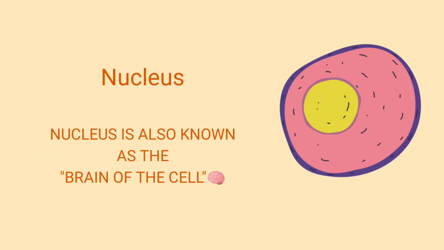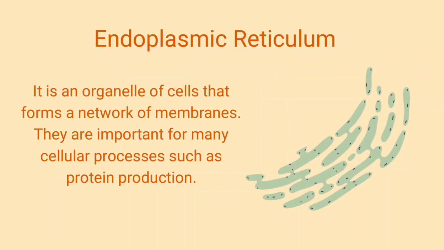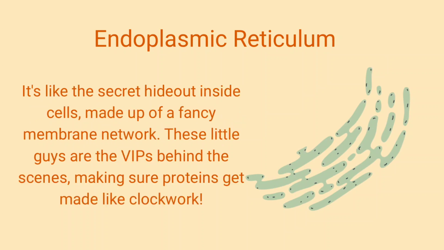The next cell organelle is the endoplasmic reticulum. The endoplasmic reticulum is a cell organelle and forms a network of membranes. This helps in the production of proteins and even lipids, which are fats. These surround the nucleus and carry out functions like transportation. We can say in simple words that it's like the secret hideout inside cells made up of a fancy membrane network.